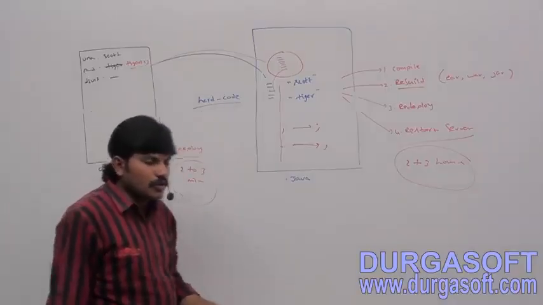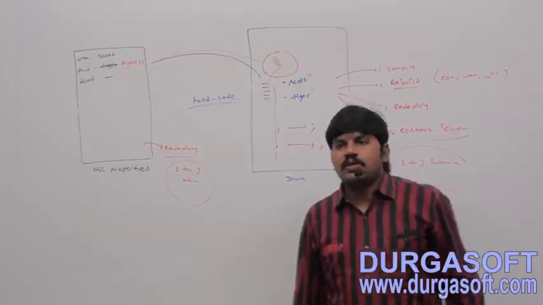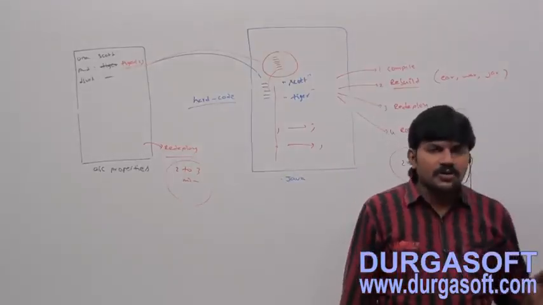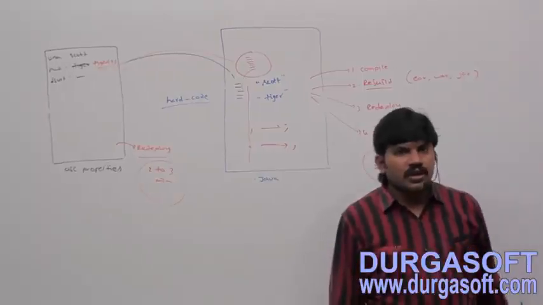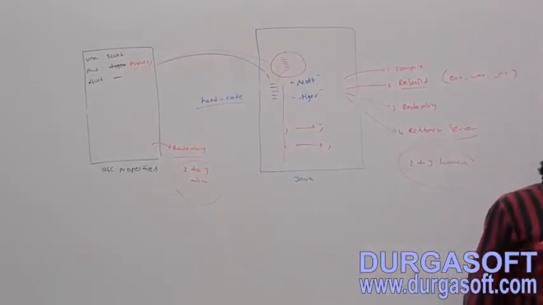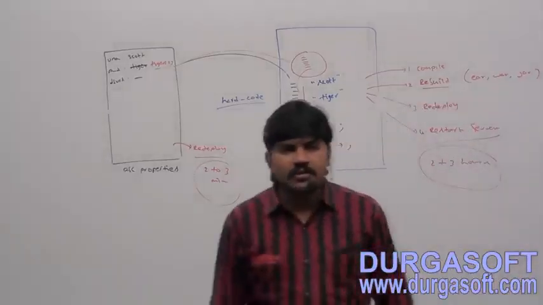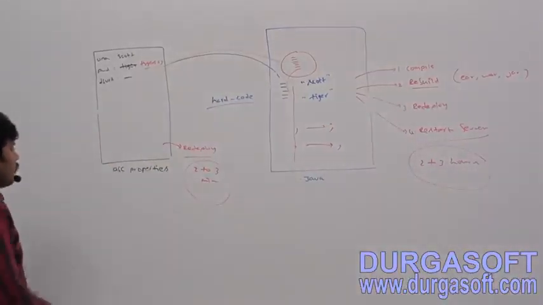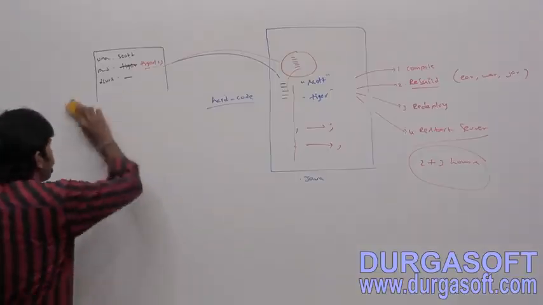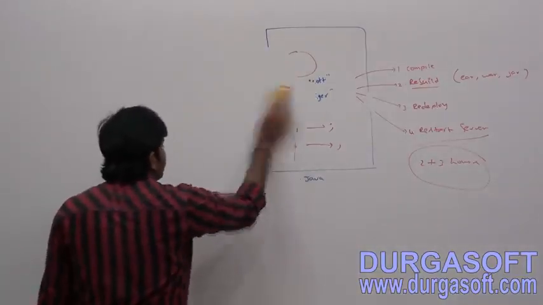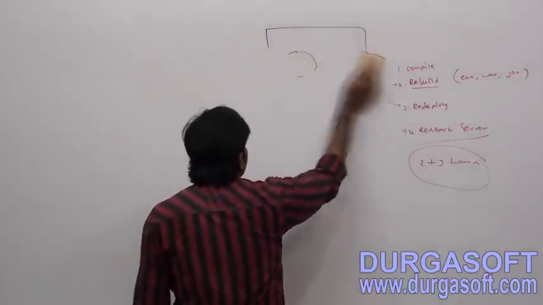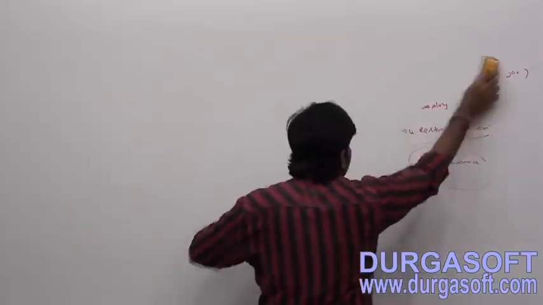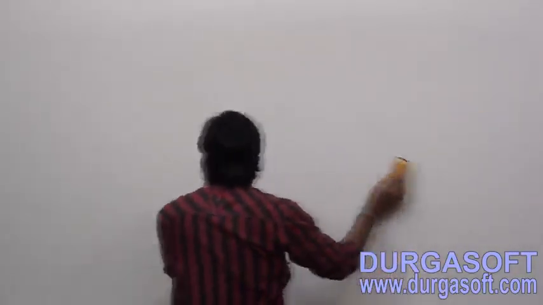Add next para: we can use a Java properties object to hold properties which are coming from the properties file.